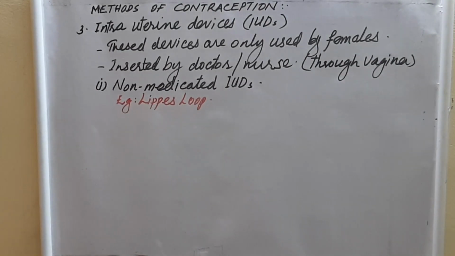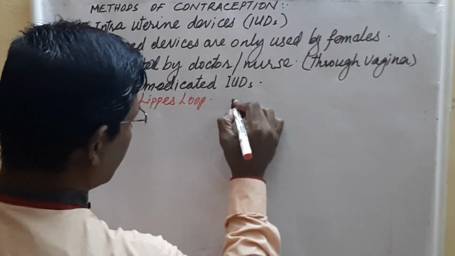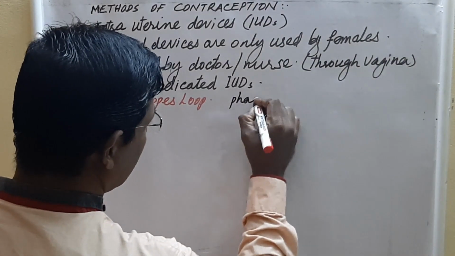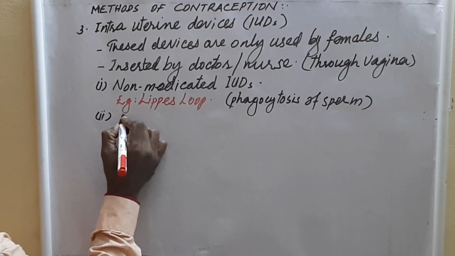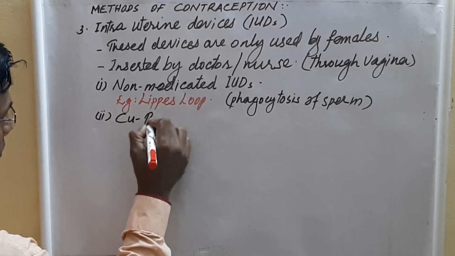It helps in the phagocytosis of sperm. And second is the copper releasing IUDs.